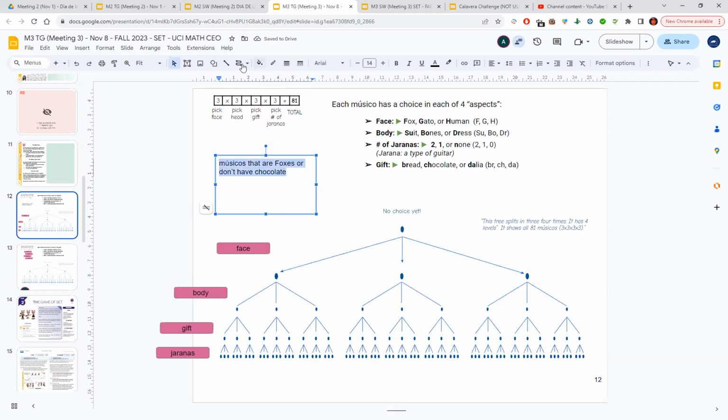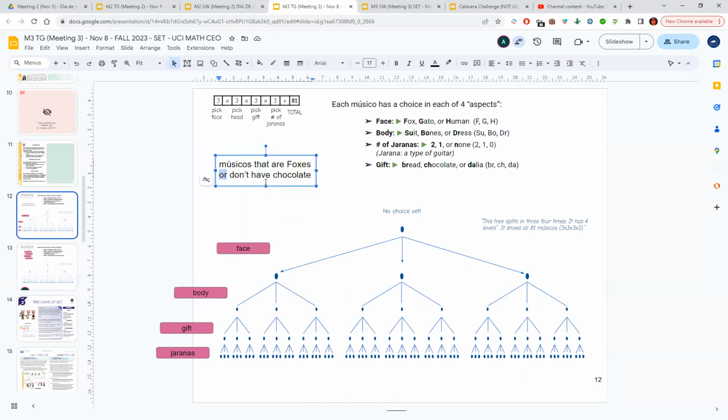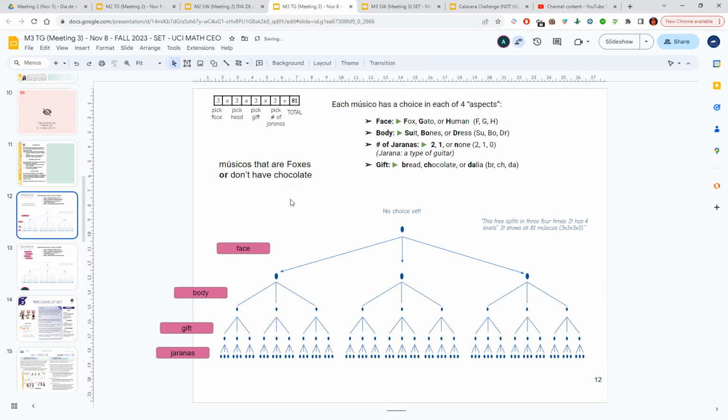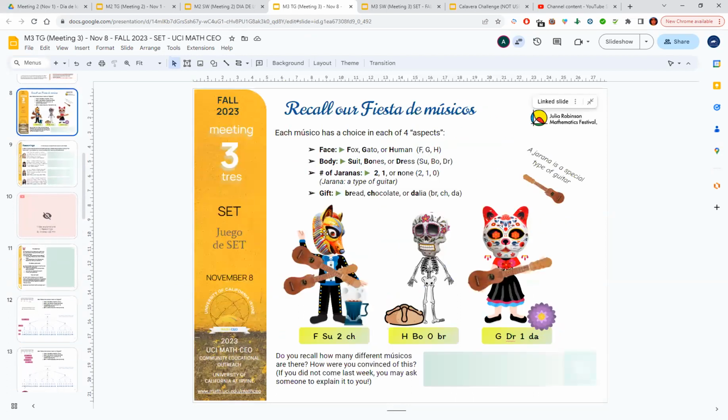So yeah, that's one interesting condition. So you'll accept all the músicos that either are foxes or don't have chocolate or both. In mathematics, if you don't say anything, the or means this or this or both. Both options are in. So how would we represent this?